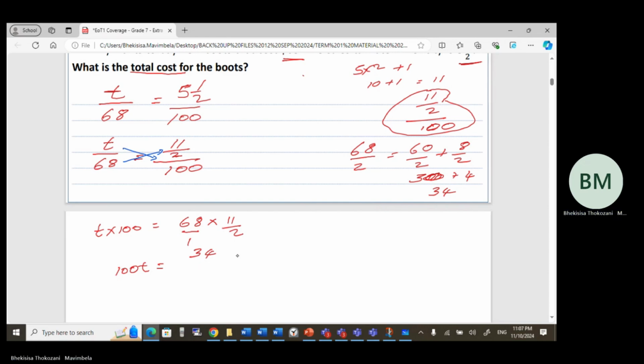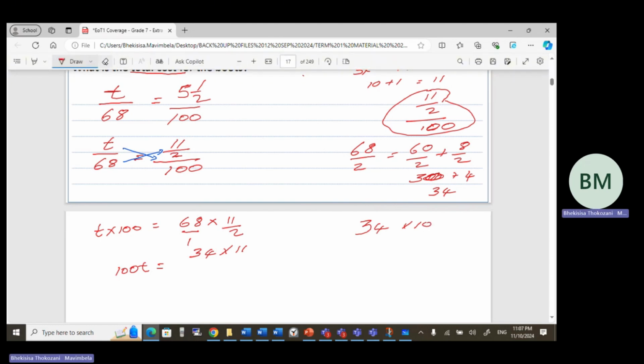Okay. So we have now 34 multiplied by 11. That's what we have now, right? These numbers are big, so we can expand it.